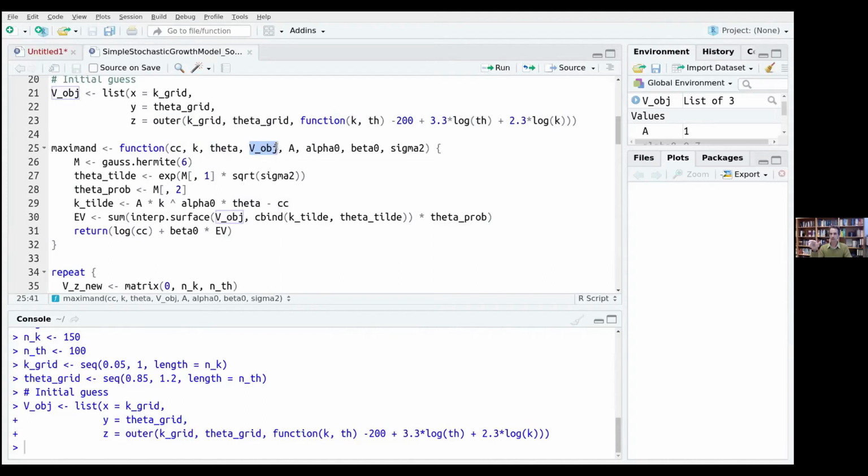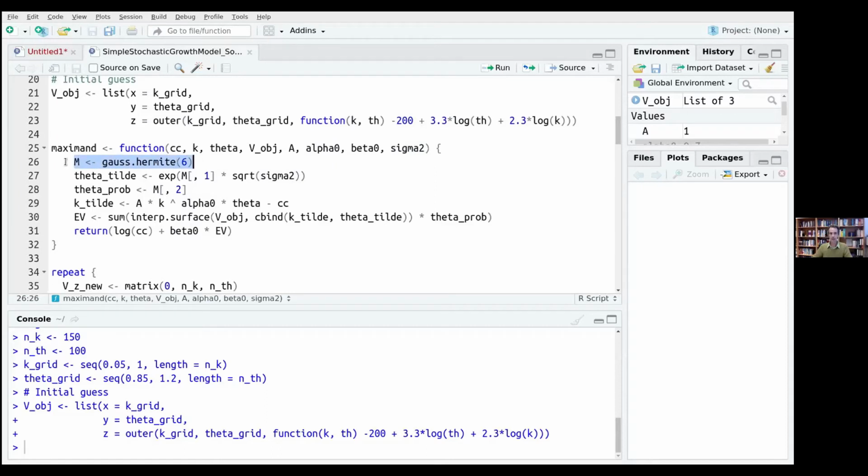So this is the value of the current iteration, which we use to find the value function for the next round. And of course, the parameters, which are the normalizing constant for the production function, the elasticity, the discount factor, and the variance of the technology shock. Okay, so these are the parameters we need to calculate the Bellman equation, to maximize what should be maximized in the Bellman equation. Then we need to build the expectation.